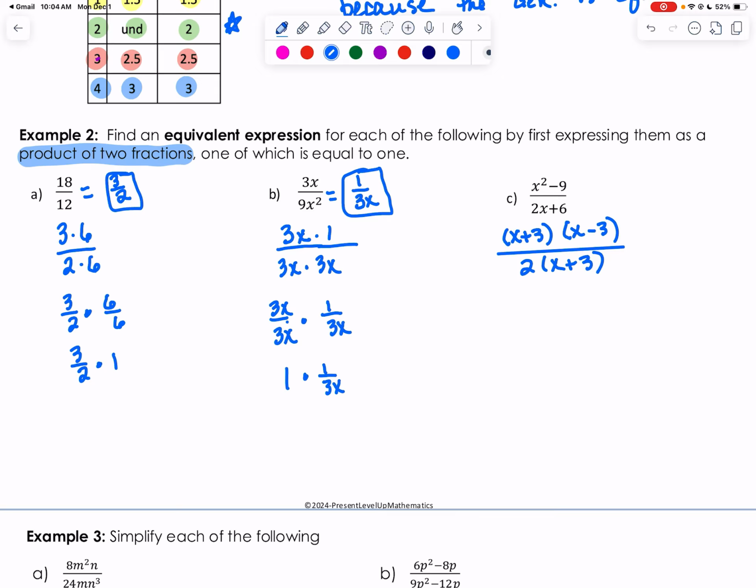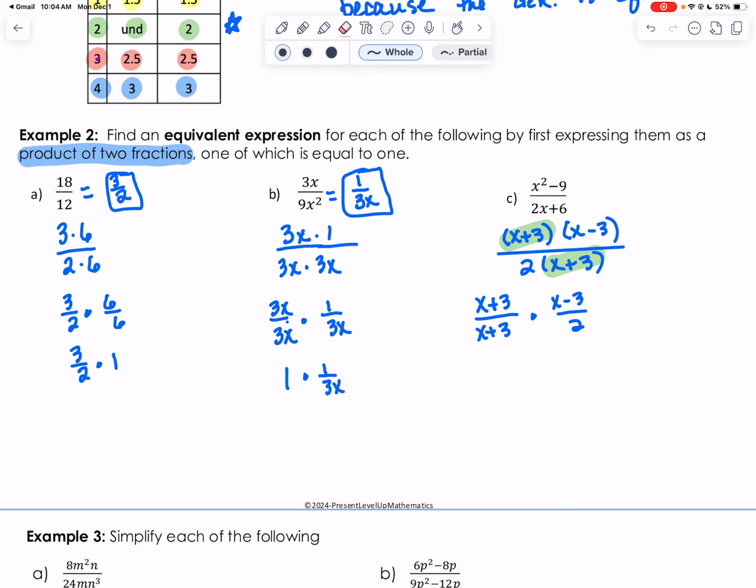Now, look for your factors that could form a fraction equal to 1. Hopefully, you notice these two factors are the same. So I can rewrite this as a product of two fractions by putting the top x plus 3 over the bottom x plus 3. And then for my second fraction, whatever's left over, which was x minus 3 over 2.